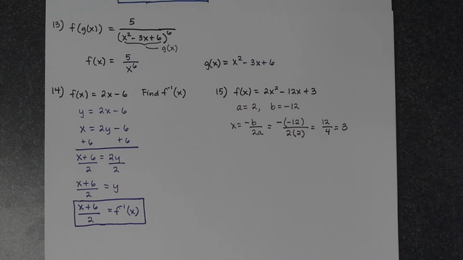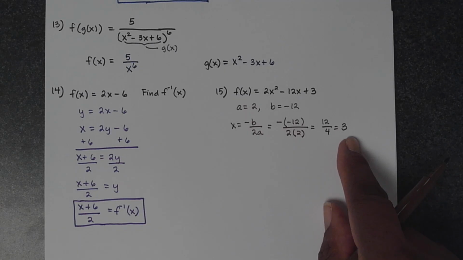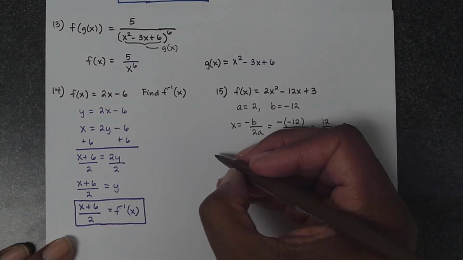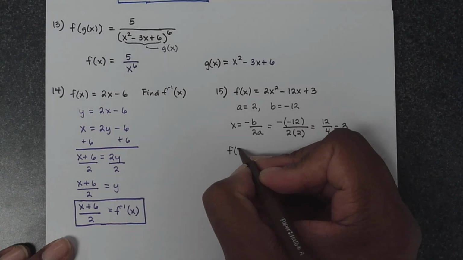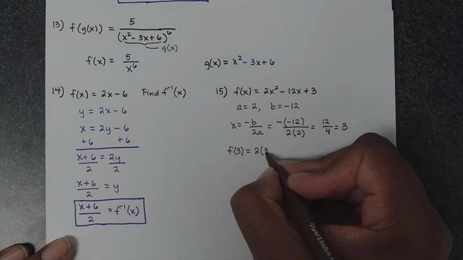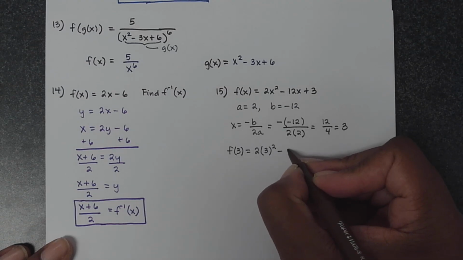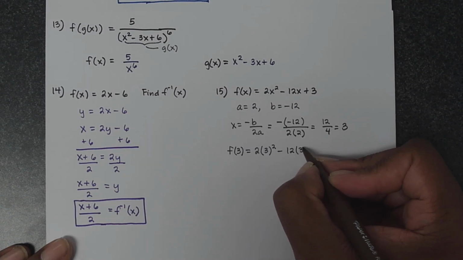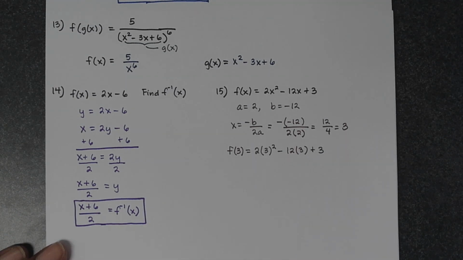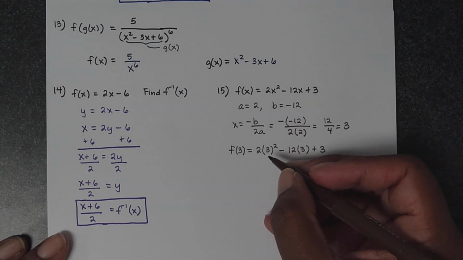Now to evaluate the y-coordinate of the vertex, I'll take the x equals 3, substitute for each x in the f of x function. So f of 3 will be 2 times x, which is 3, and that's squared, minus 12 times x, which is 3, plus 3. And then simplify.